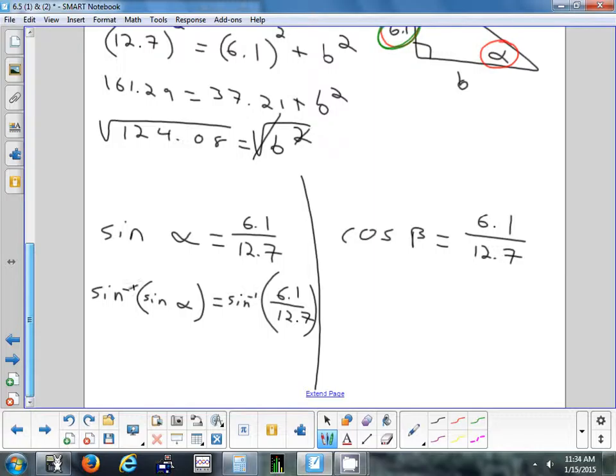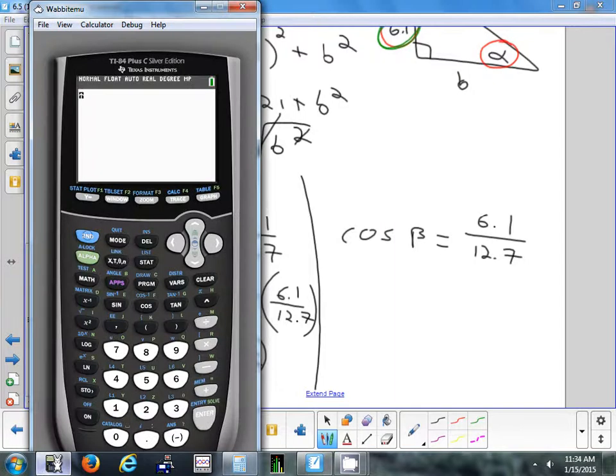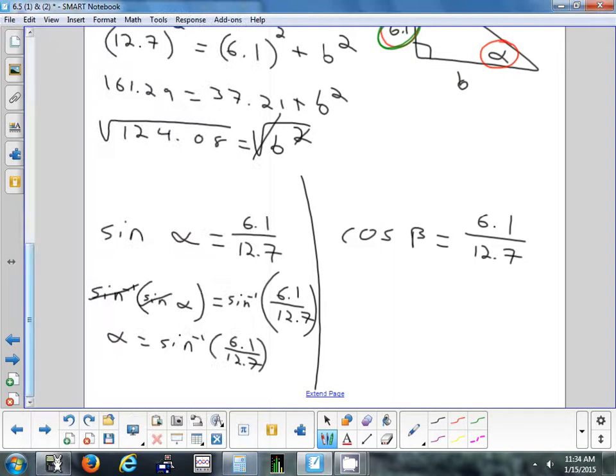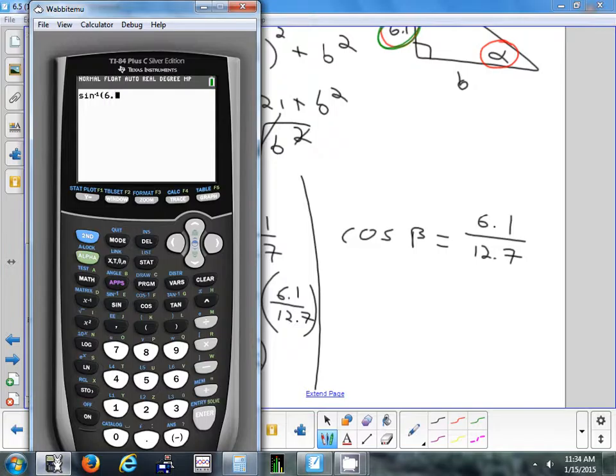What happens on the left is inverse sine and regular sine cancel out. And now you're left with alpha equals inverse sine of 6.1 over 12.7. And now you just type that in and see what you got. So inverse sine, what was it? 6.1 over 12.7.